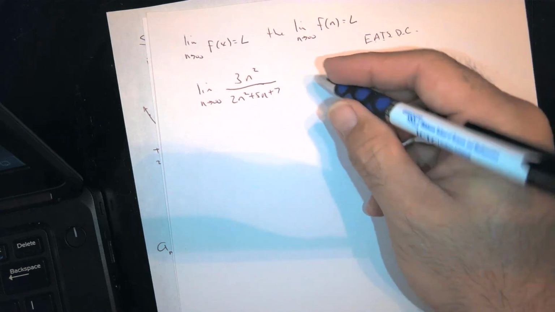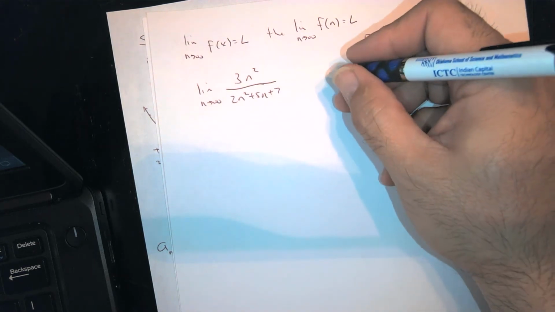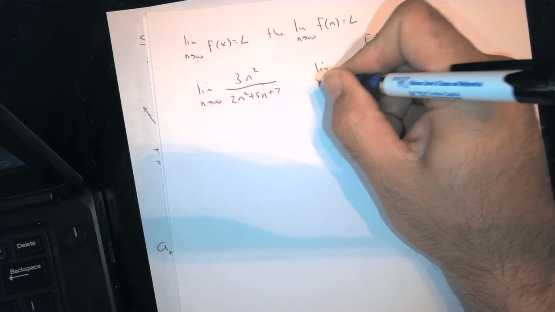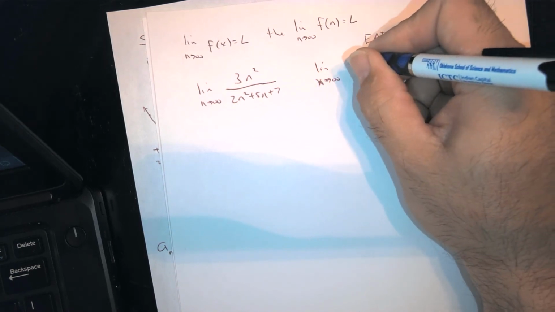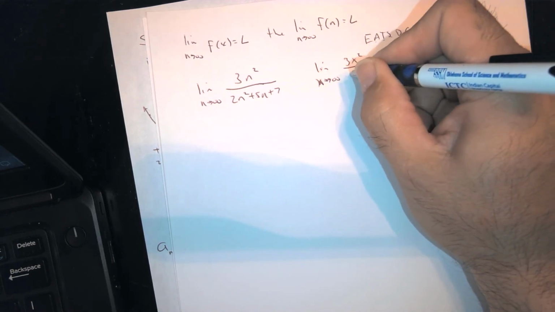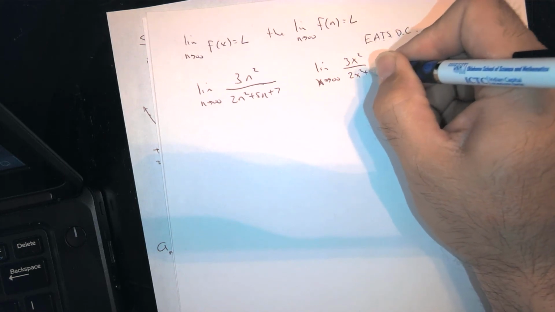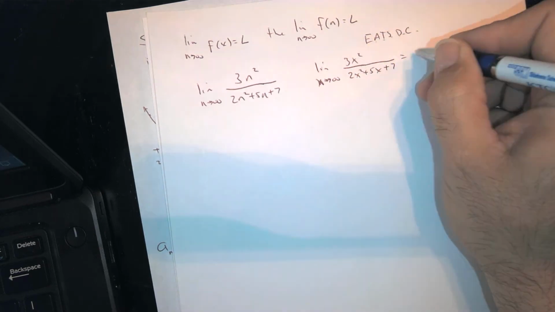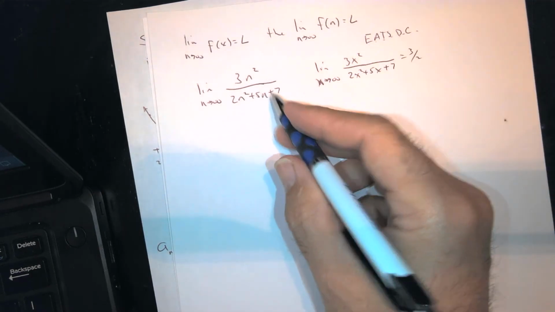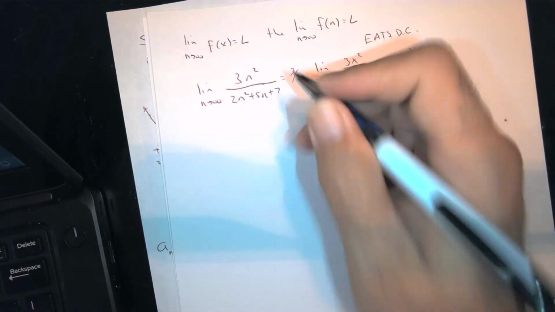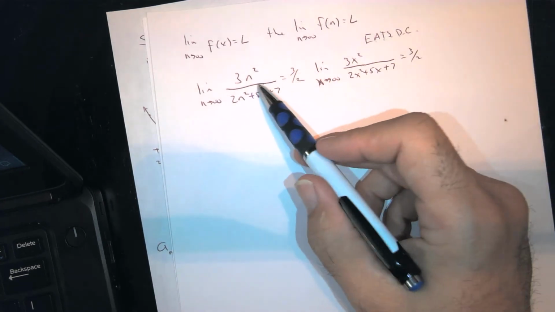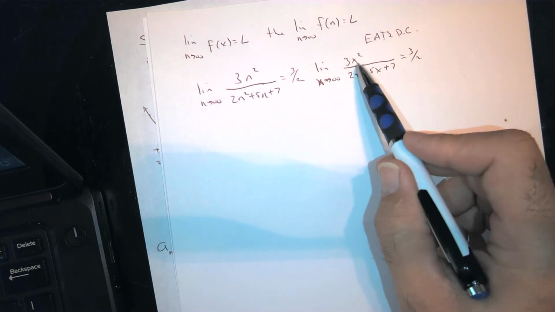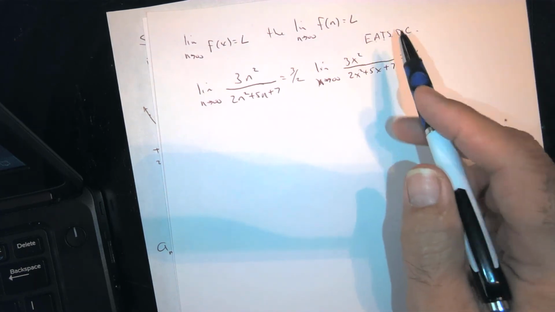Well, it kind of is, but it's going to be a subset of the function. If I gave you this problem, what's the limit as x approaches infinity of 3x squared over 2x squared plus 5x plus 7? You'd say, well, it's going to be 3 halves. Well, this one's going to be the exact same thing. It's going to be 3 halves also. The only difference is the only numbers that we're going to plug in for this n are natural numbers, and here you're just going to be plugging in real numbers.